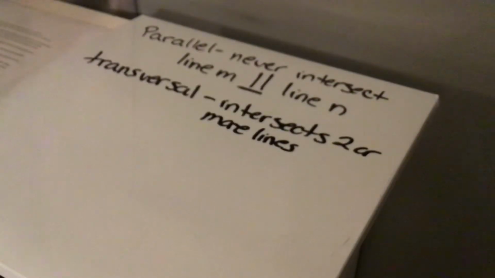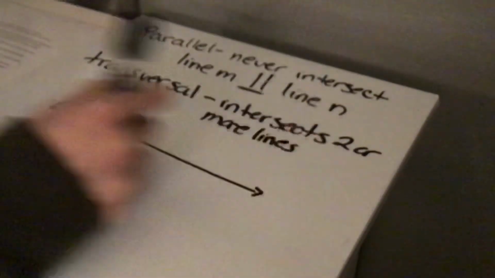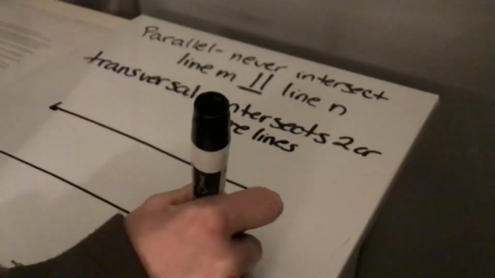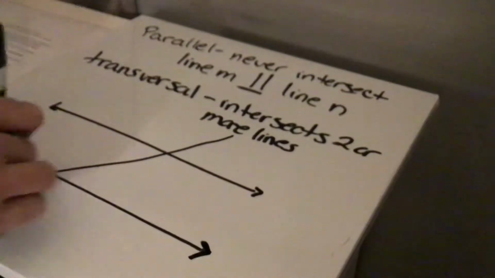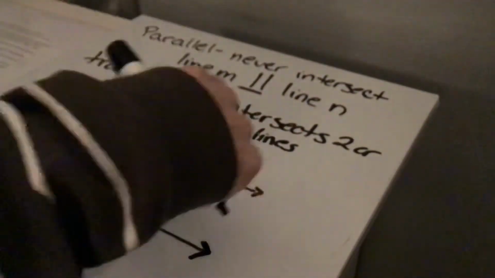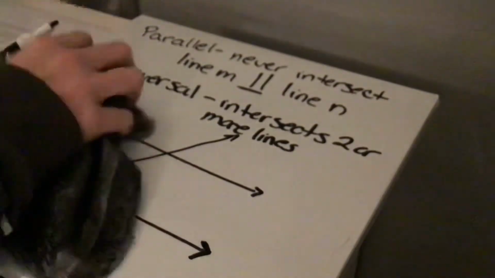Okay, so then when you have two parallel lines, so here's a line, here's another line, these two are parallel, okay? This would be a transversal. It's one line that's intersecting two other lines, okay? So when this happens, when you have two parallel lines that are intersected by a transversal, we've created special angle pair relationships, okay?